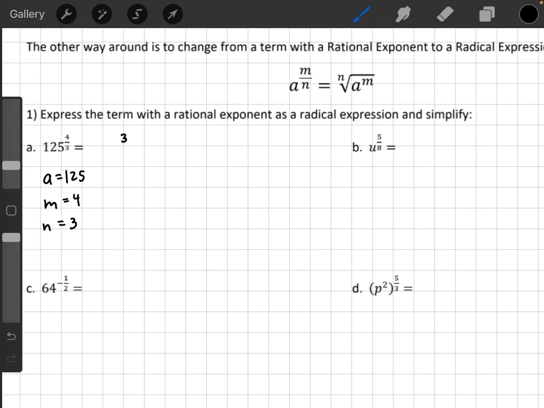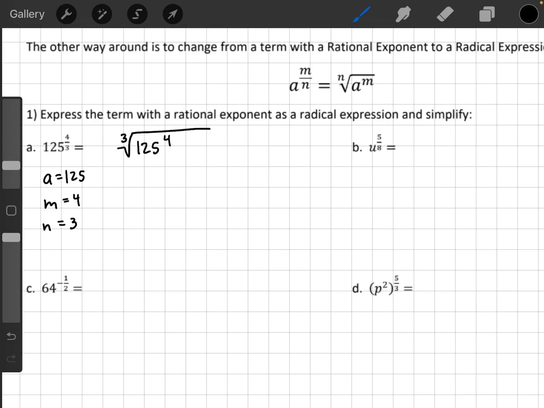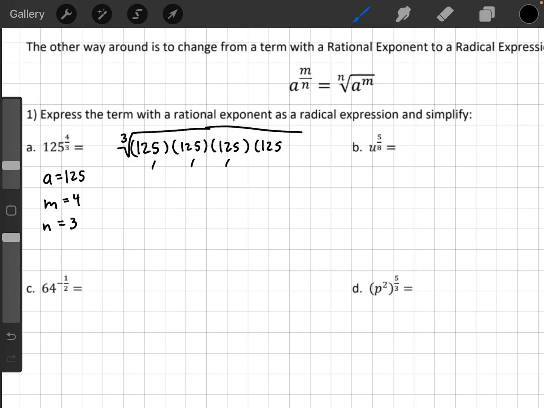So our nth root, which is 3, of a, 125, to the power of 4. Now the power of 4 can be written out as 125 times 125 times 125 times 125. You'll see we multiply it 4 times: 1, 2, 3, 4.